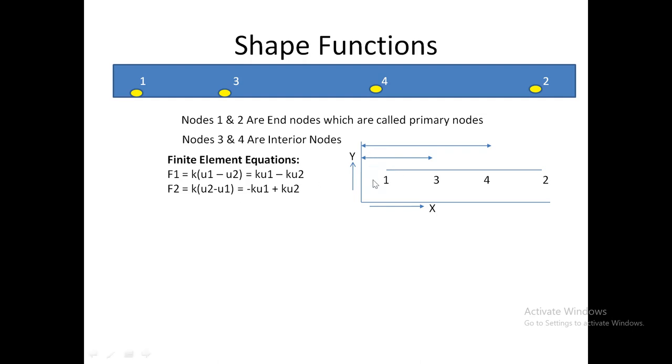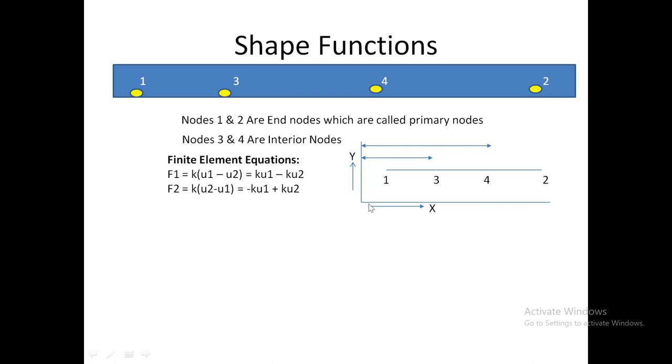Before that, let's draw a diagram to represent the nodes on the x axis. You take this element, and you can see that on the x axis we have x1, x2, x3 and x4. At each distance x there is a displacement.